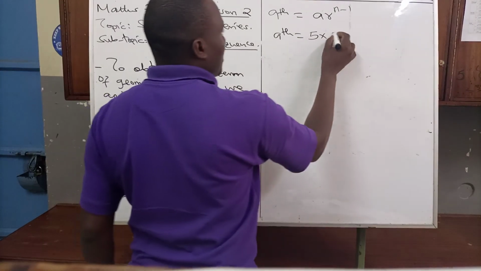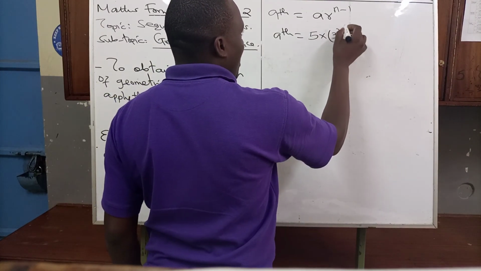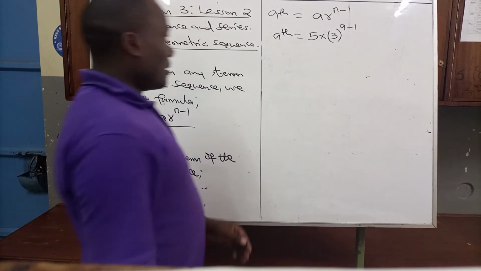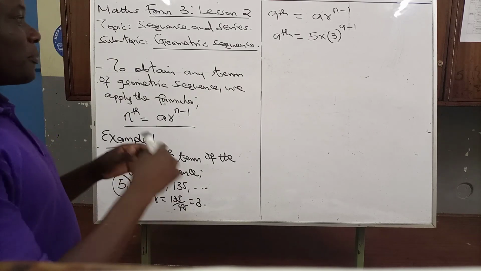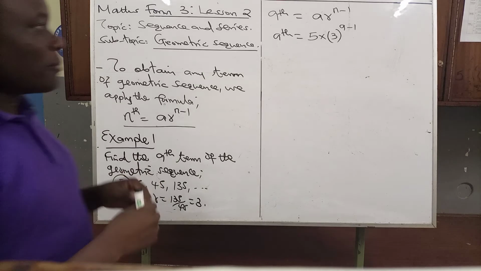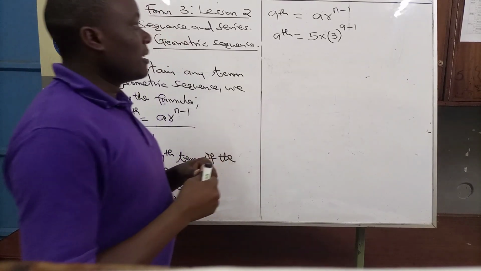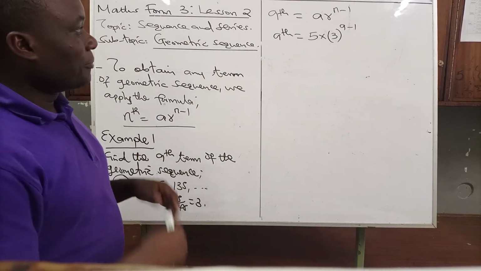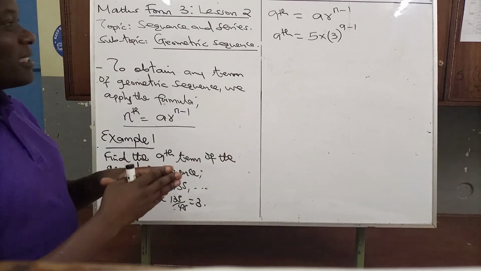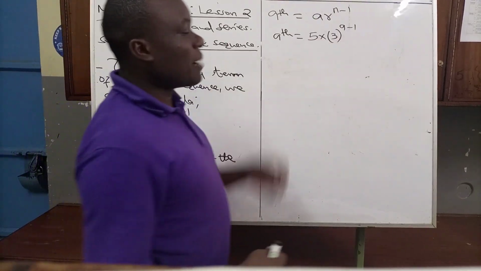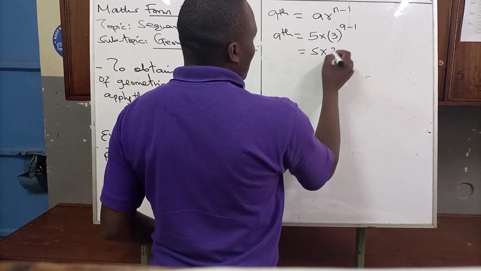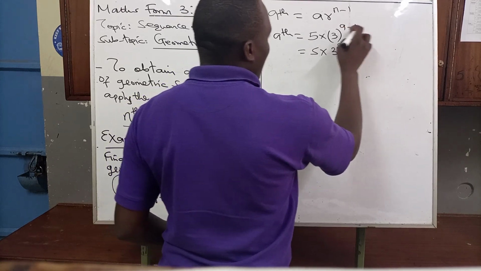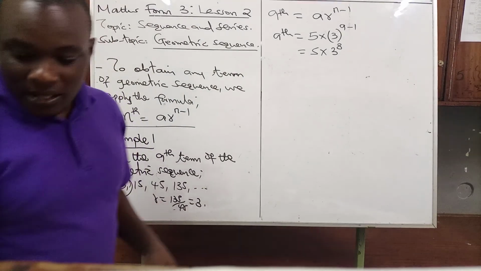So I will now put 3 here, then I raise it to the power 9 minus 1. Remember, n represents the number of terms or the position of the term required to be determined. In this case, we are supposed to determine the 9th term, so n becomes 9. Therefore, this will be 5 times 3 raised to the power 8, because 9 minus 1 is 8.